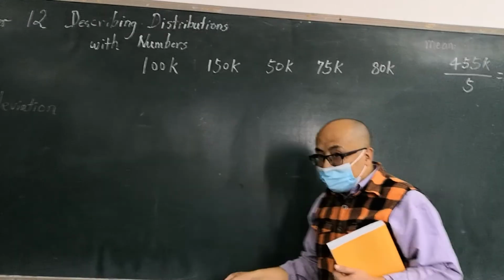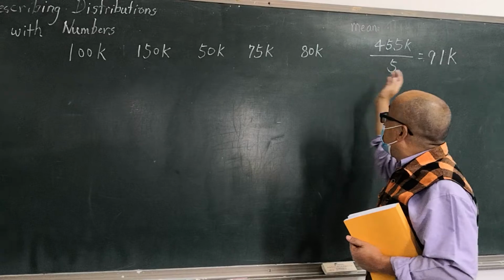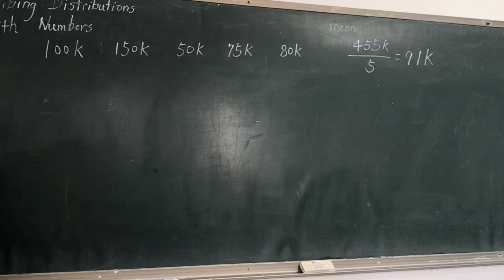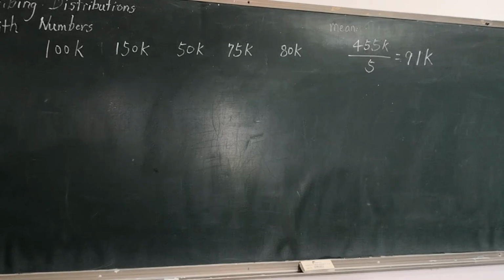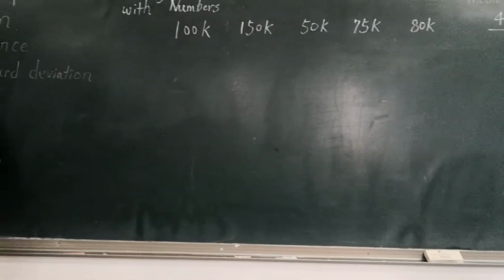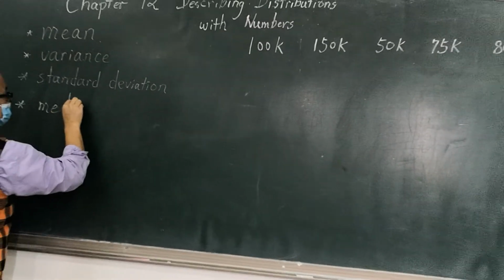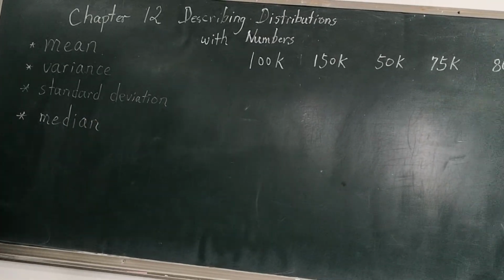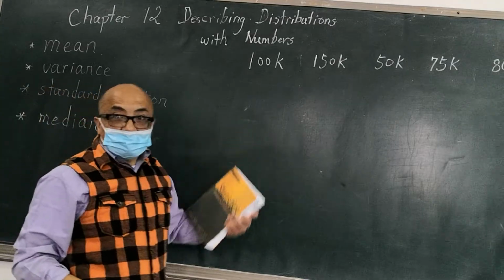And there's a disadvantage to this, which is in chapter 12, the median. What's the disadvantage?